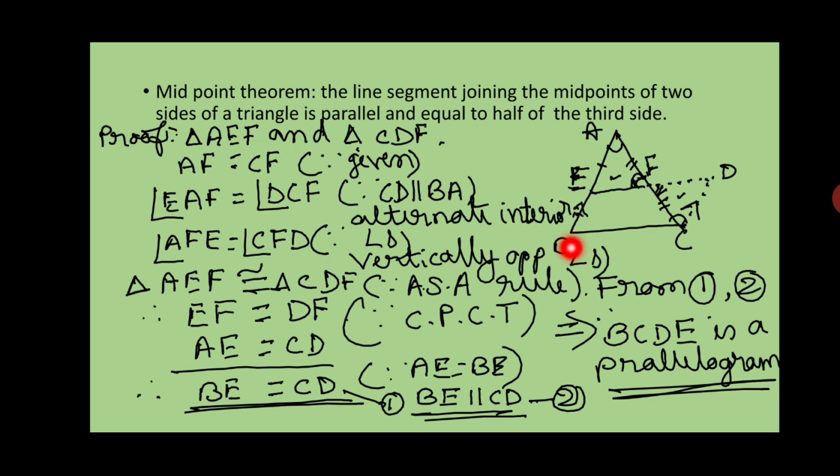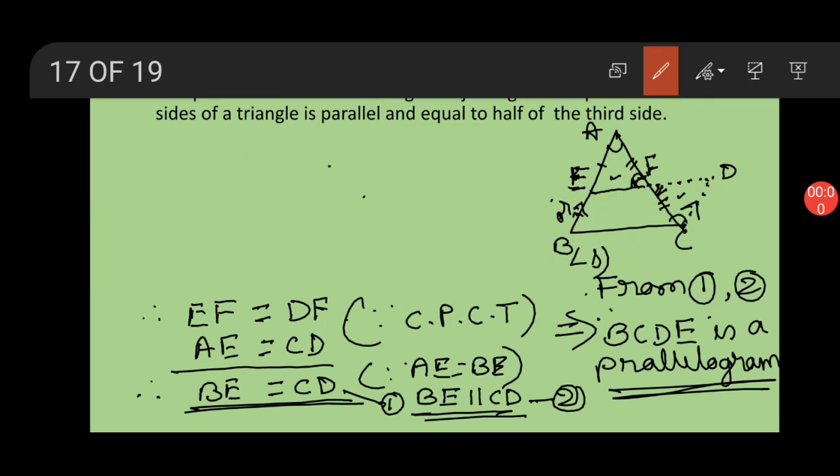Now, can you say the property of parallelogram? Opposite sides are equal and parallel, right? Therefore, can you write BC is equal to ED and also BC is parallel to ED?